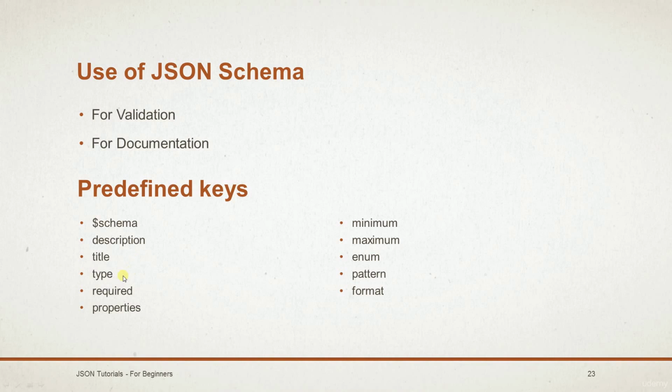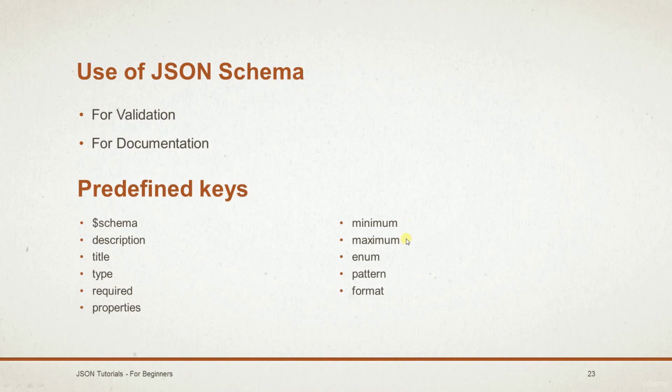Type is used to specify the type of the value that must exist in the JSON. Required specifies the list of required fields. Properties specifies the list of properties with their other constraints.